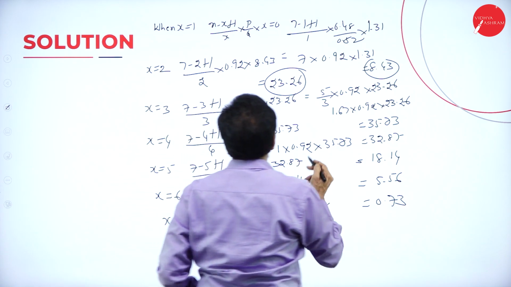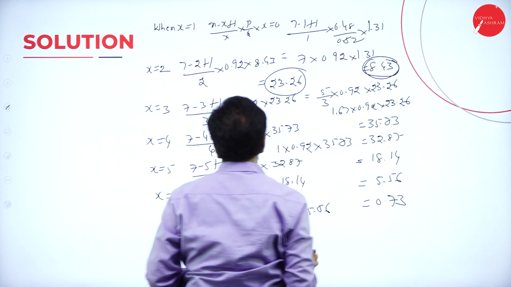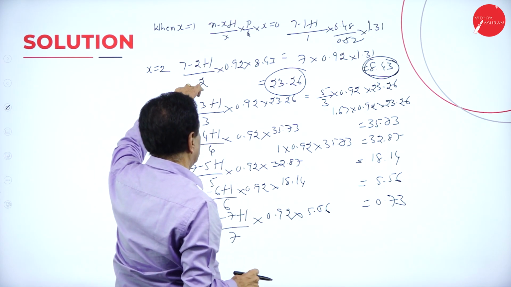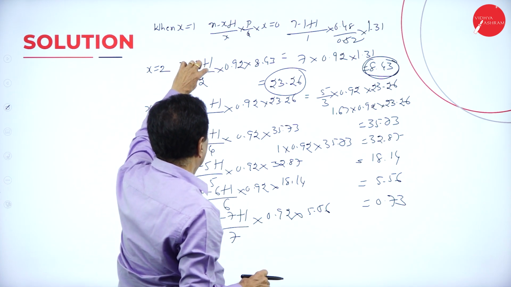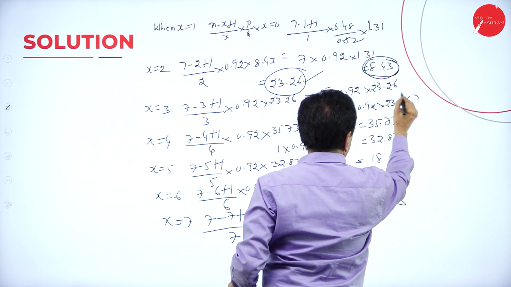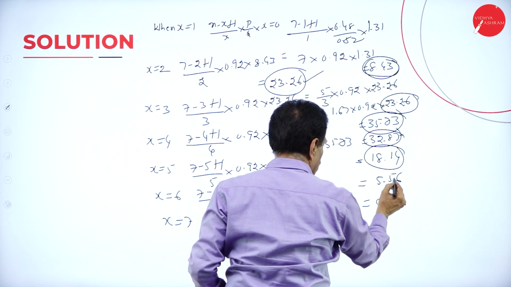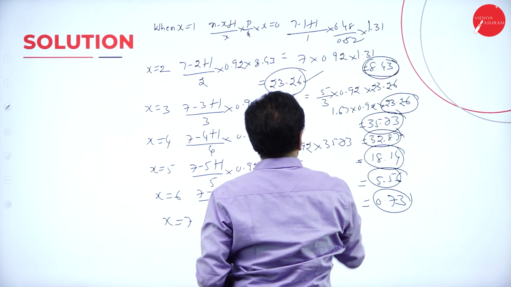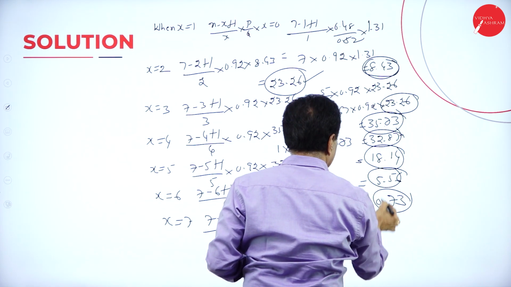When x is equal to 2, 7 minus 2 is 5 plus 1, 6 divided by 2, that is 3, into 0.92 into 8.43, is 23.26. So the values for x equal to 0 through 7 are all listed.